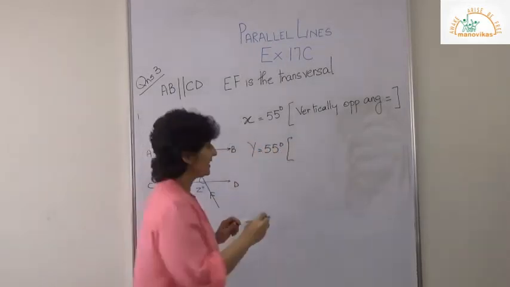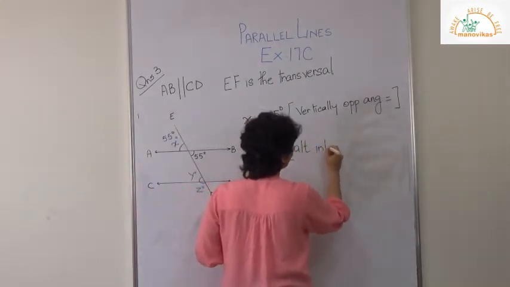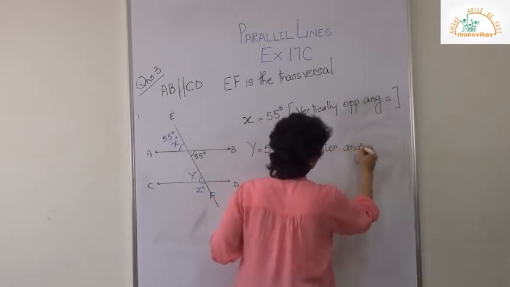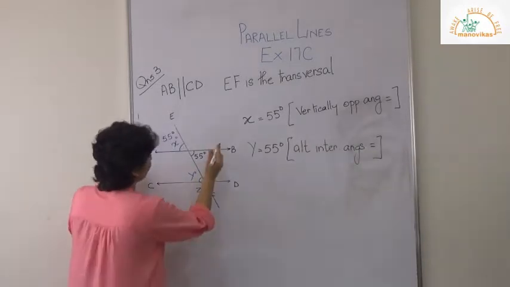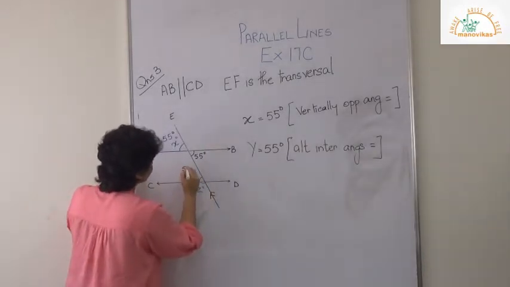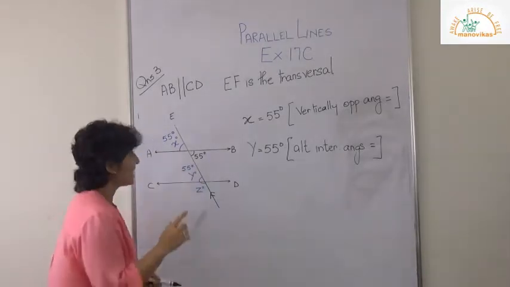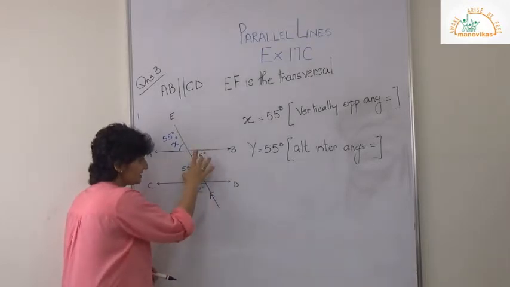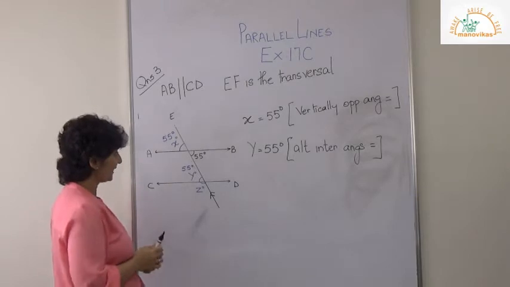Our alternate interior angles are equal, correct? So I have this and this. So that means this also is 55 degrees. And why did I say alternate interior? One is Z and these angles are inside. So they are alternate interior angles.